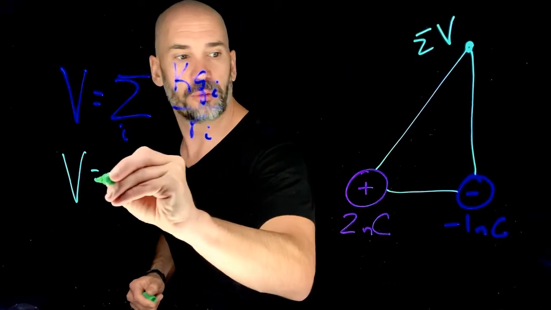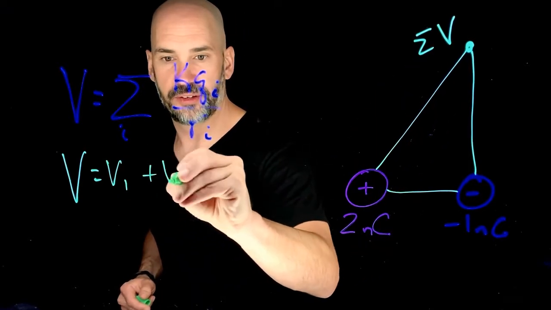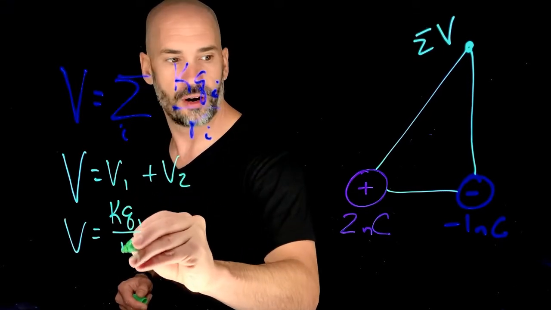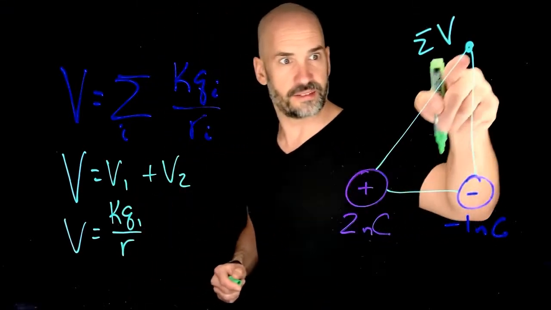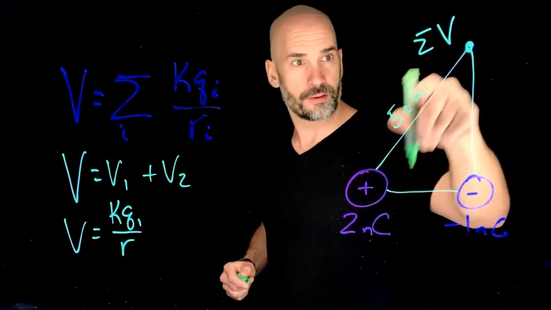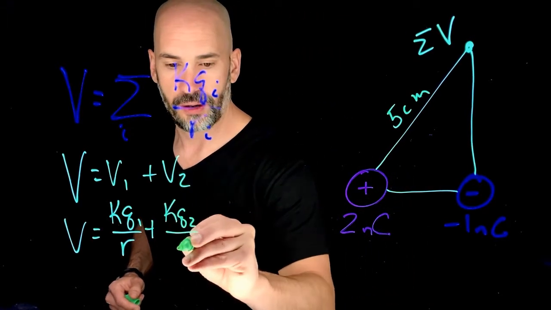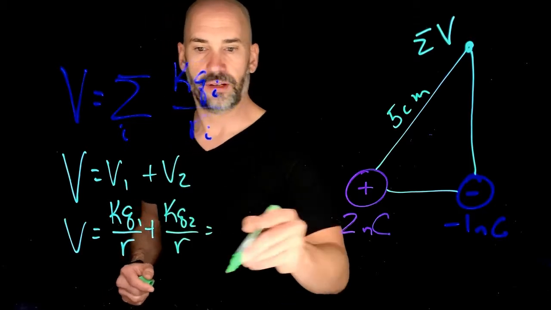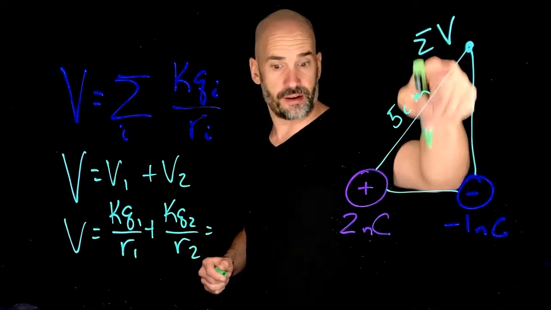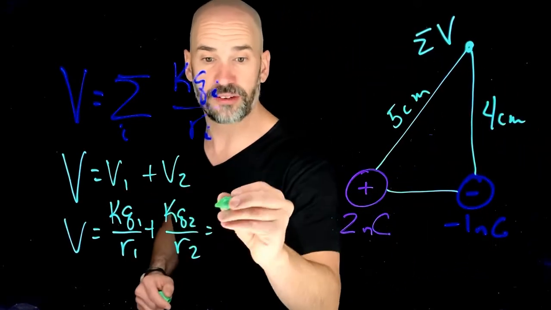So V is going to be equal to, we'll say that this is V1 plus V2, which is going to be KQ1 over R1. And that R is 5 centimeters, right? And that's going to be plus KQ2 over R2. R2 is this distance right here. That's 4 centimeters.